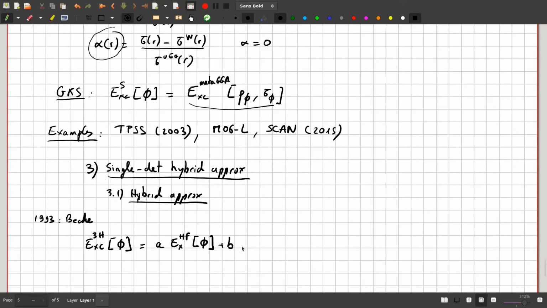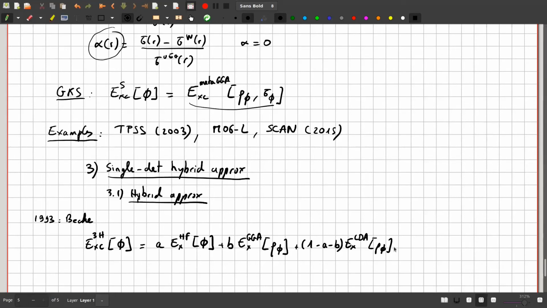Then there is a fraction b of the GGA exchange, which is a functional of the density of phi. Then there is the complementary part of the LDA, so he decided to mix the LDA and GGAs of rho phi.